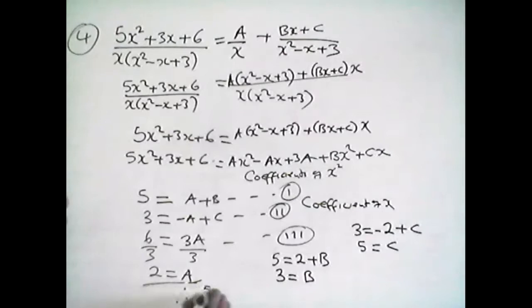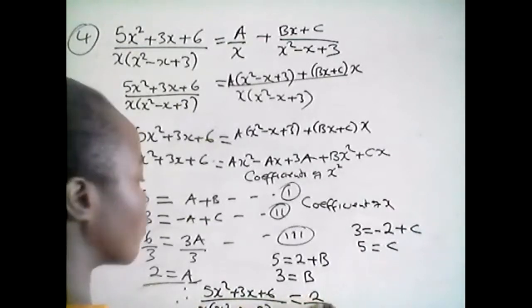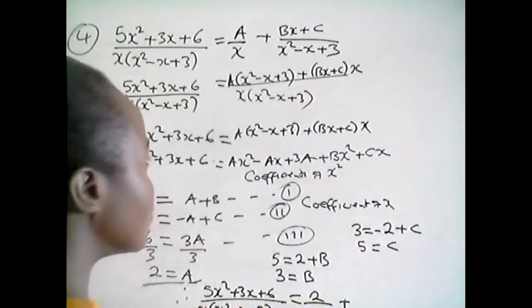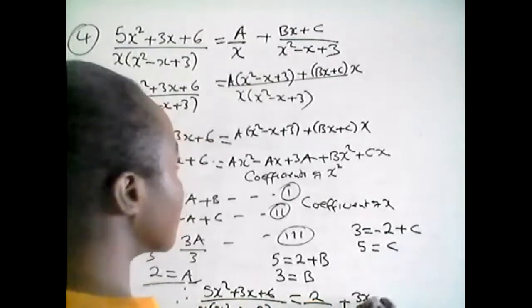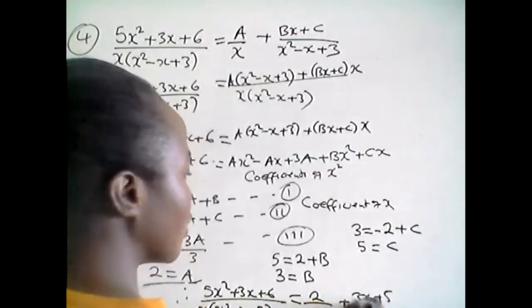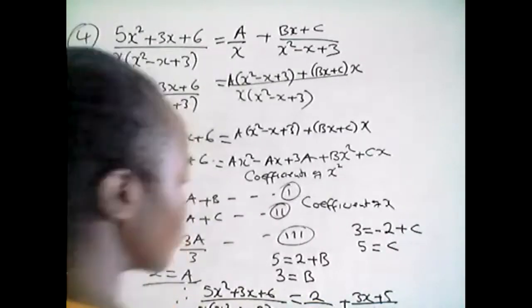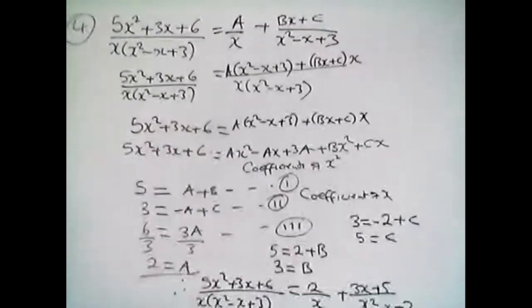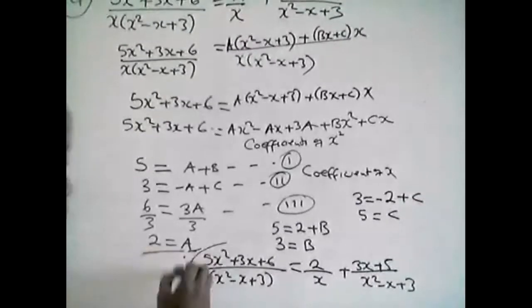Therefore, 5x squared plus 3x plus 6 over x squared minus x plus 3 gives us 2 over x plus, what is b? b is 3, so 3x plus 5 over x squared minus x plus 3. So that's our solution.